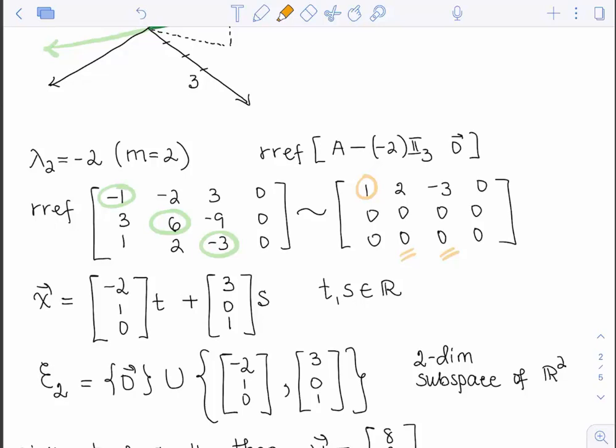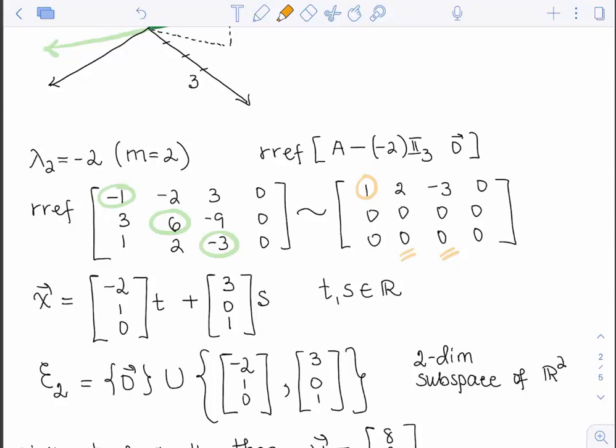These 2 vectors are linearly independent. So what does it give us for the eigenspace? The eigenspace associated with this eigenvalue includes the zero vector, mentioned separately just to emphasize that the zero vector is not an eigenvector.